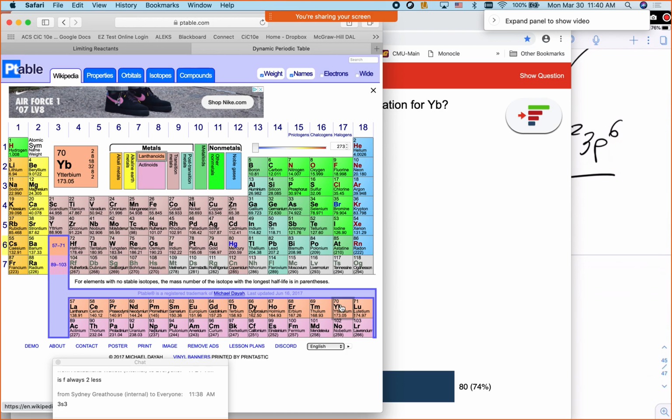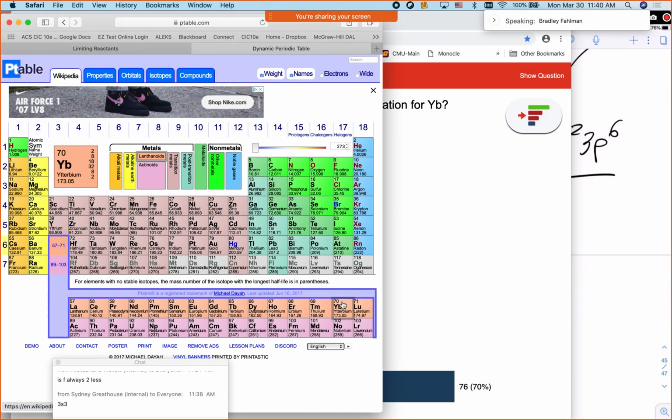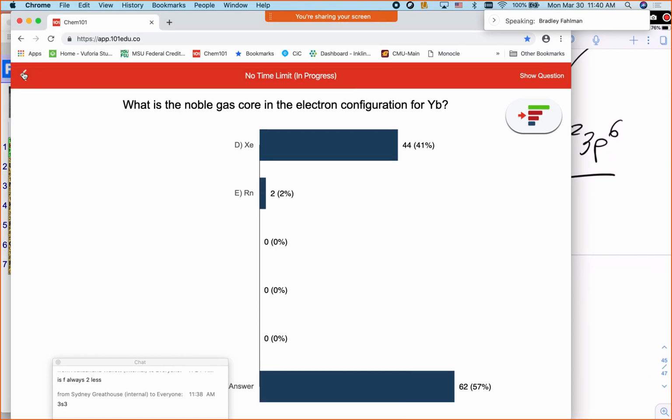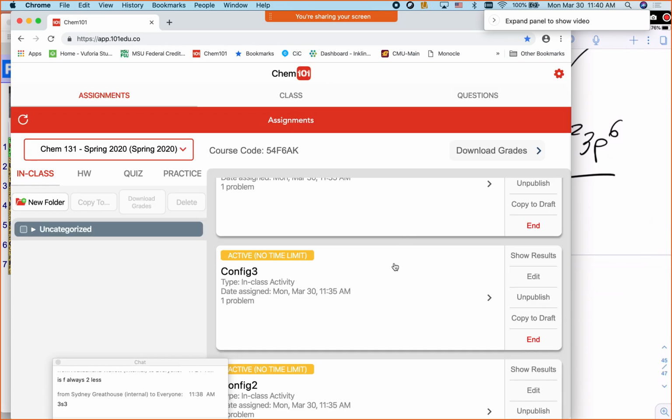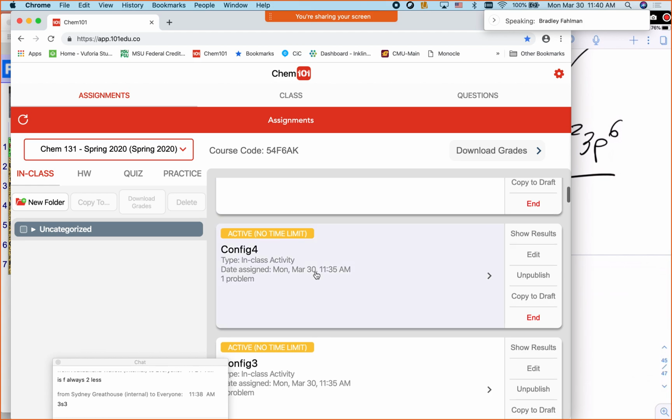And that means it's xenon. So the row just above it. Remember these are all inserted in here. So the row above is xenon. Okay, so that was 3.